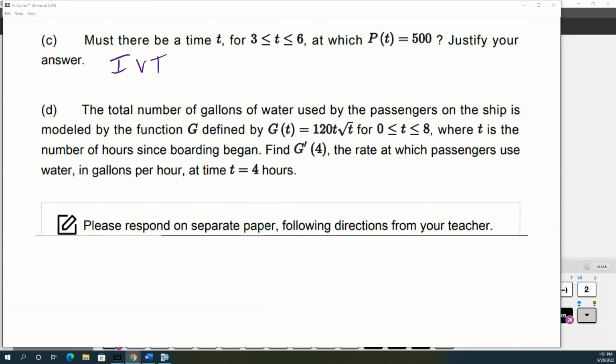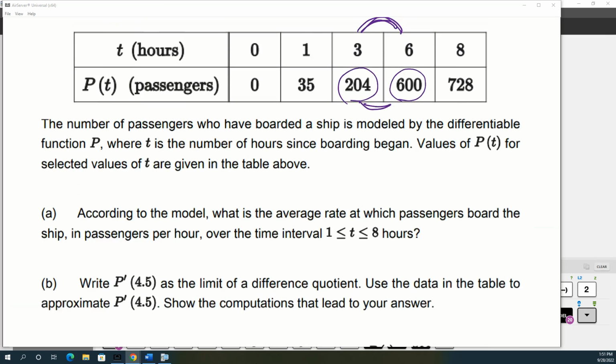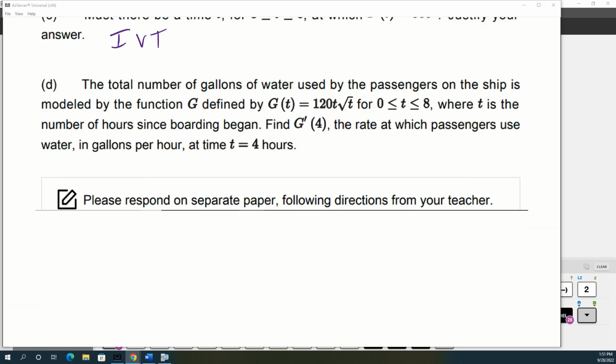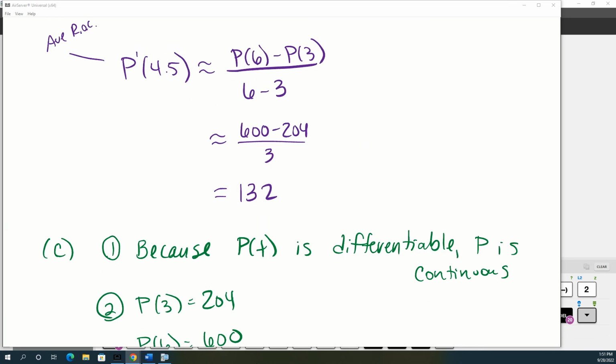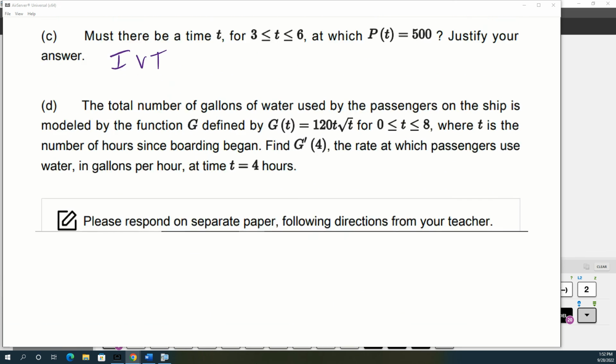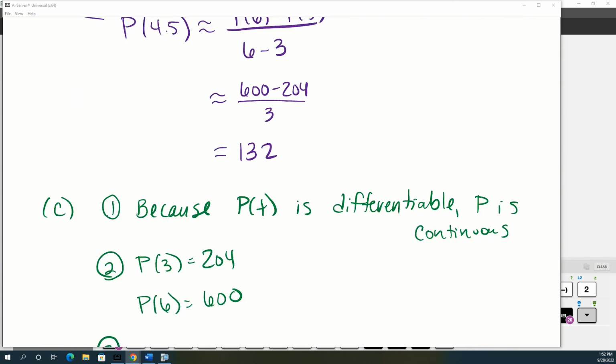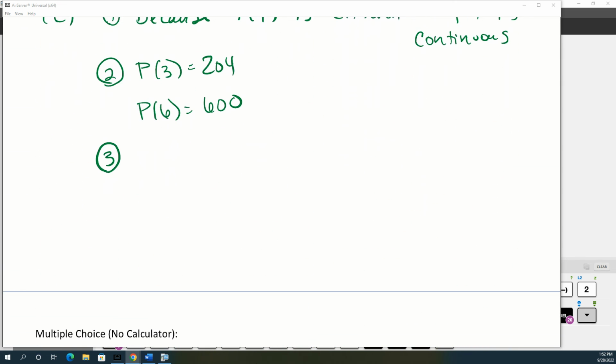All right, so p of 3 is 204 and p of 6 is 600. Oh yeah, we just found this. All right, and then we want to check to see if the number we're looking for falls in between those two numbers, and we are looking for 500, and it does. So we would write that p of 3 is less than 500 is less than p of 6.